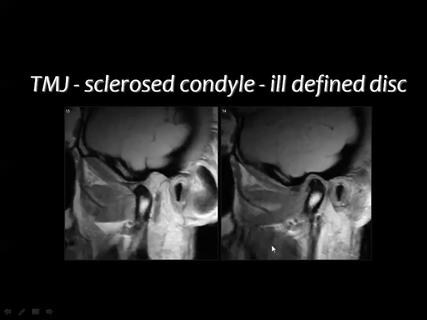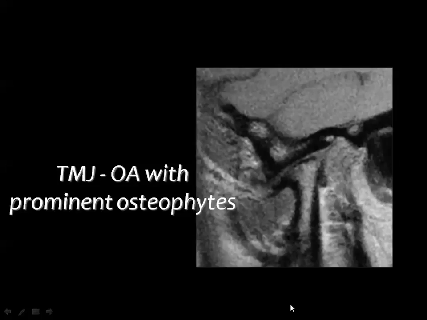And here, this is in the closed mouth position, and you feel that the disc is displaced anteriorly, and here it may be recaptured. You can see that it has been reduced to its normal position, but the disc is of abnormal signal.